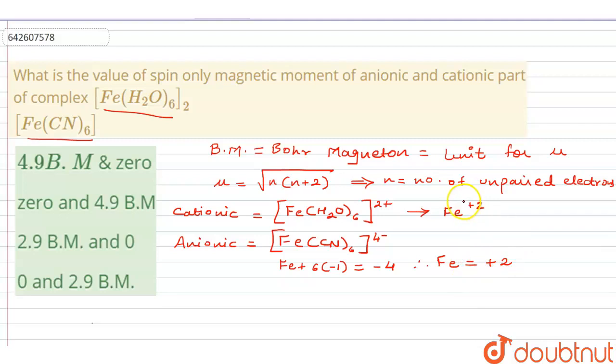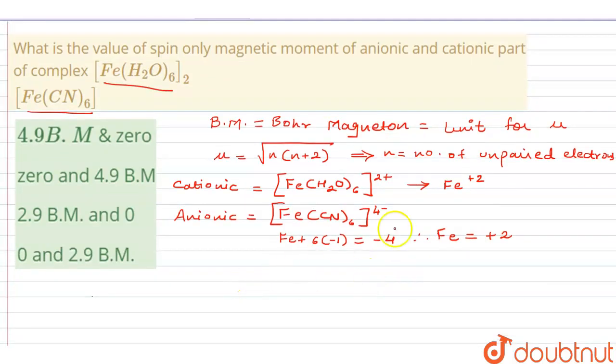So Fe is in its +2 state, whose configuration would be Ar 3d6. Fe has an atomic number of 26, originally 3d6 4s2, but since it is Fe2+, those two electrons have been lost and I'm left with 3d6.